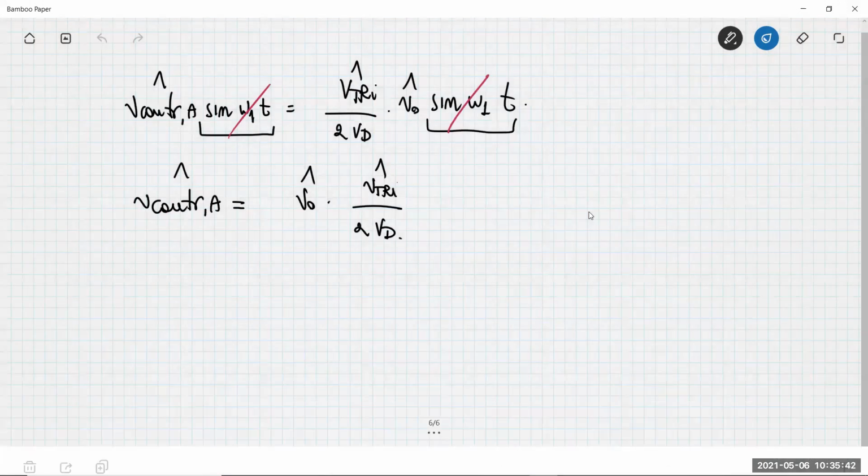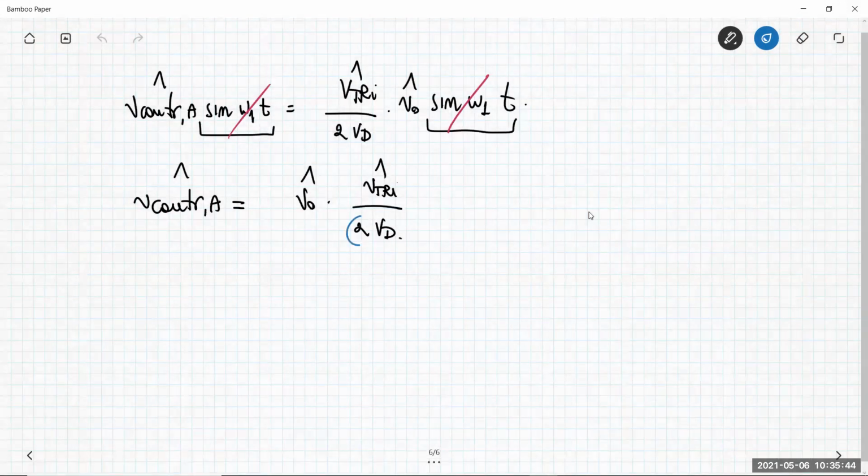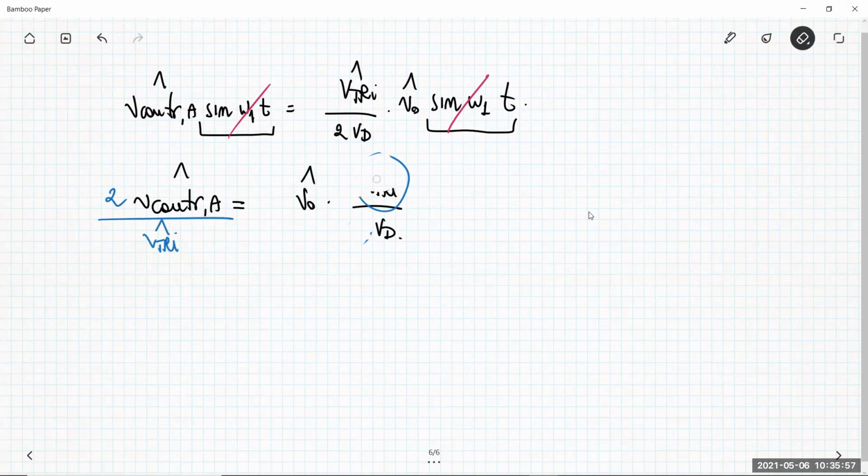So if I put the number 2 here and I divide by V triangular peak, this is exactly MA, the amplitude modulation factor.